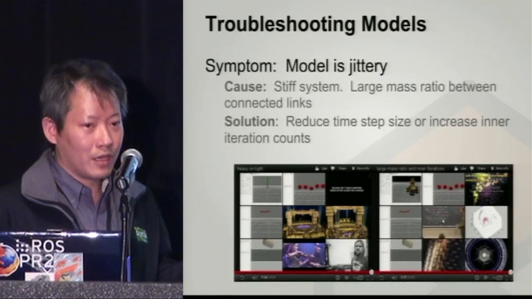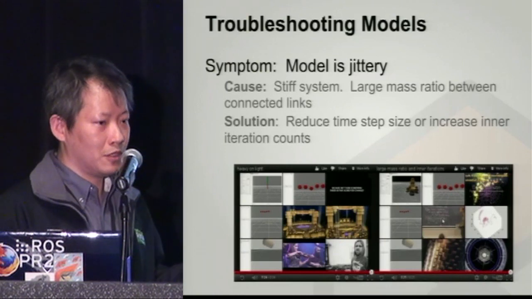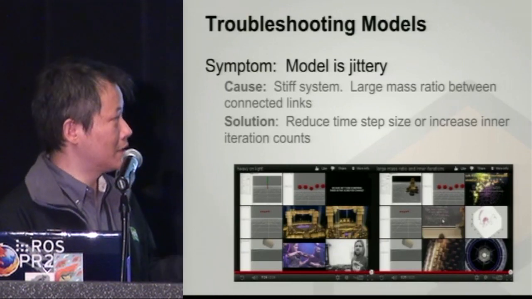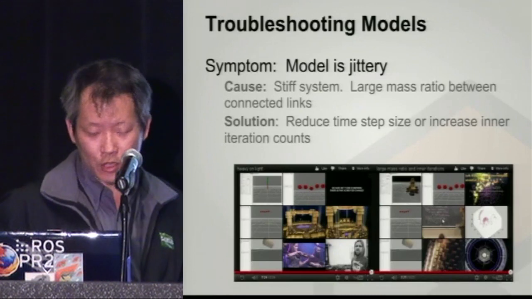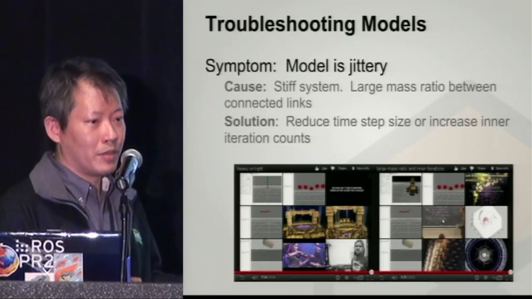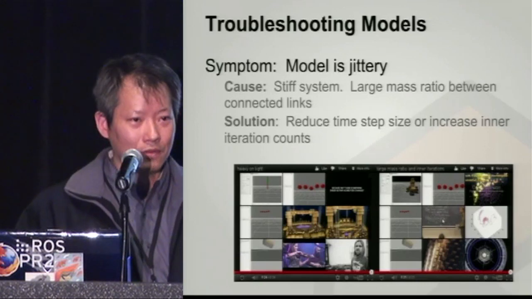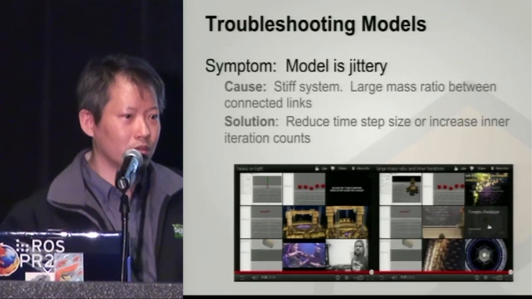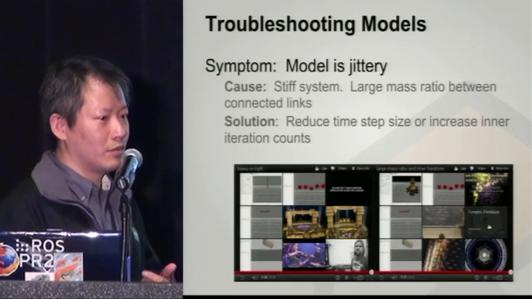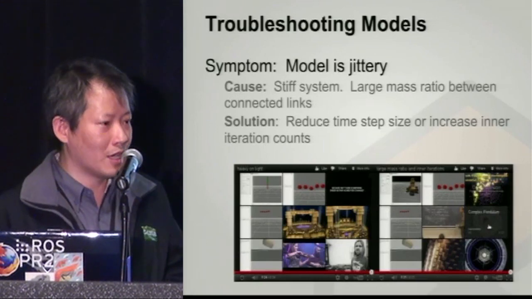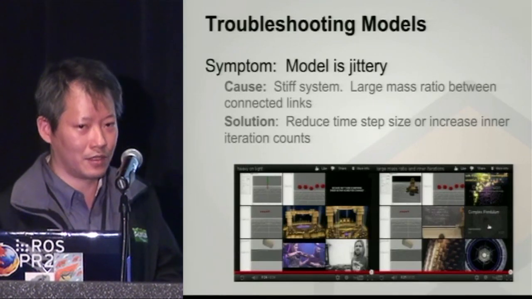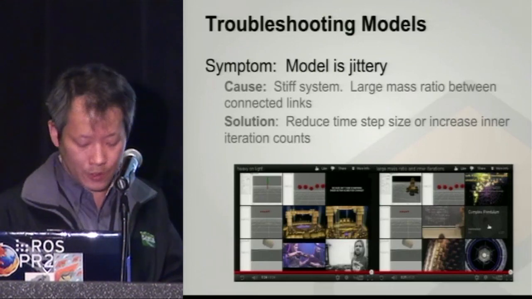You can correct it by increasing the number of inner iterations for the solution. That's where the ITER parameter comes in handy. Or you could do it by decreasing the time step size. Those are the two main things that I would recommend tweaking if you're having trouble getting correct dynamic behavior of your simulation.